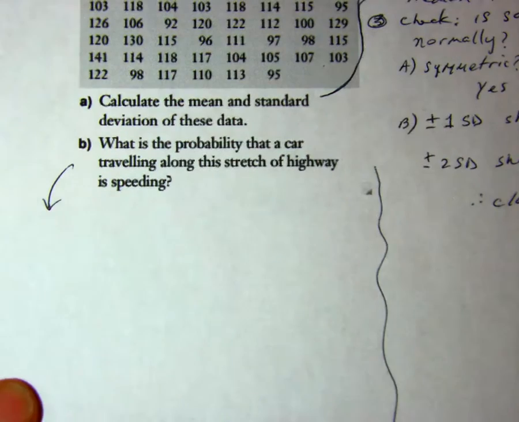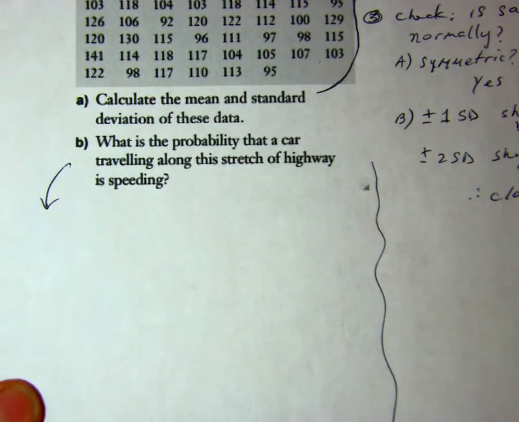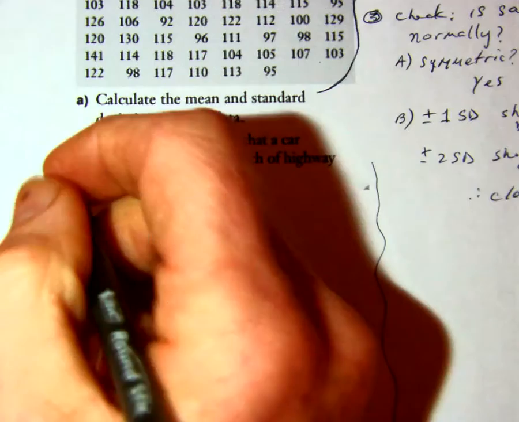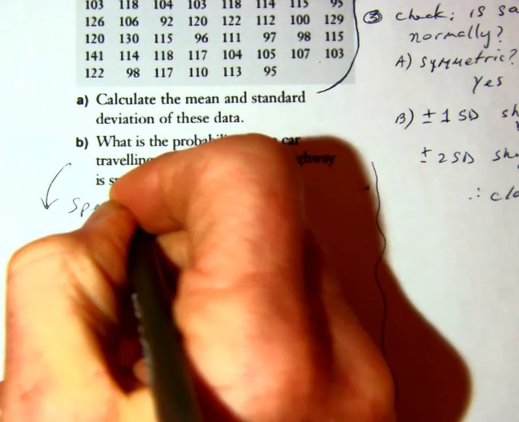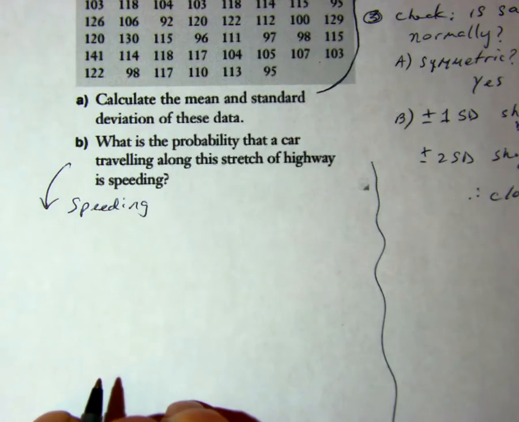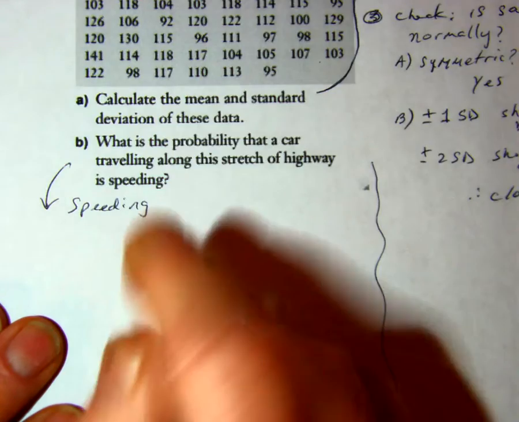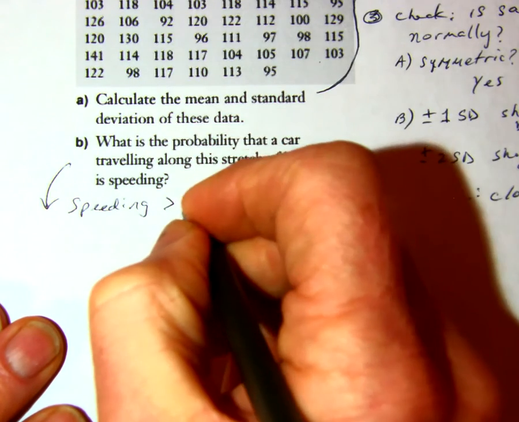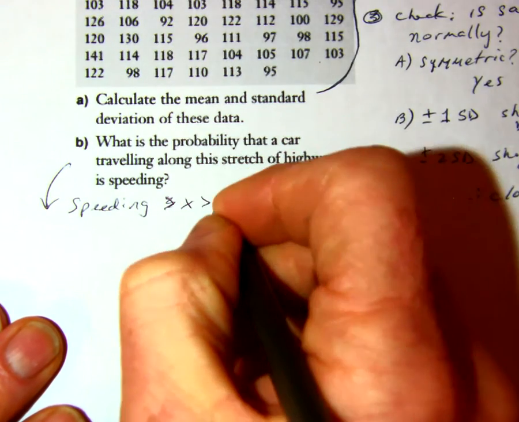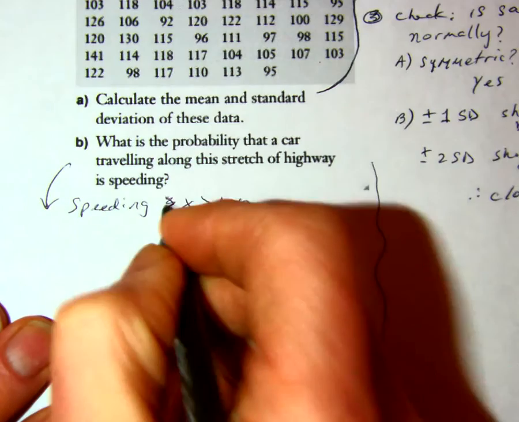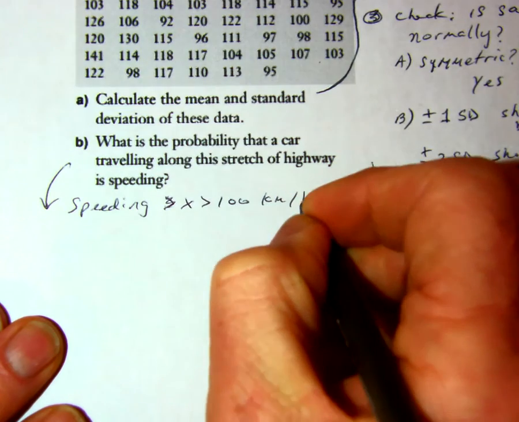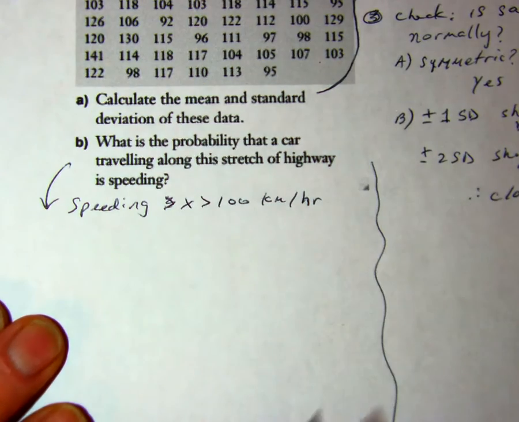What is the probability of the car speeding? When do you speed officially? What's considered speeding? It's going greater than, x is greater than 100 kilometers per hour. All right.